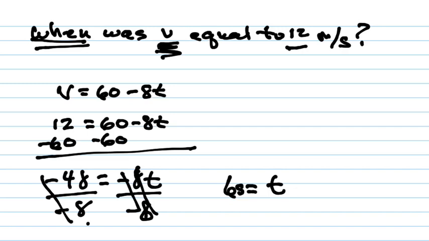So, which one didn't we do? The acceleration. So, let's look at that one. It says, calculate the rocket's acceleration after 2 seconds. Well, acceleration is found by taking the derivative of v, right? So it's the same as the second derivative of h.